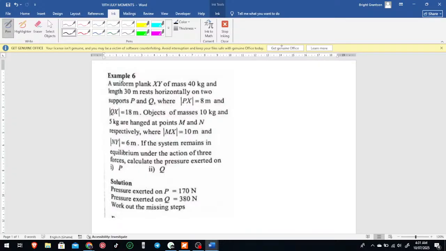So this is a uniform plank XY. Oh, my writing pad is maybe behind. So XY.